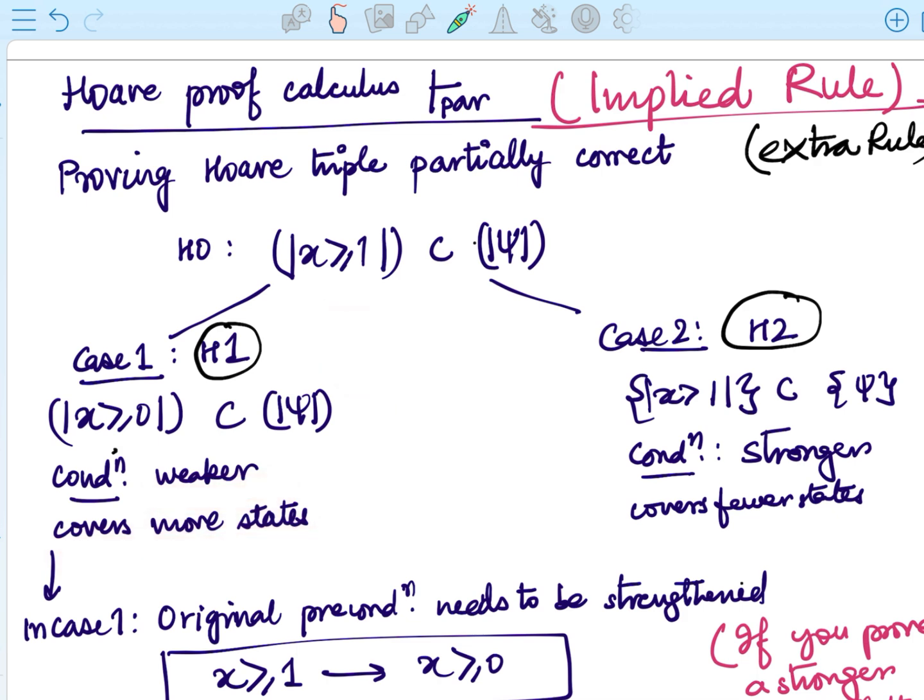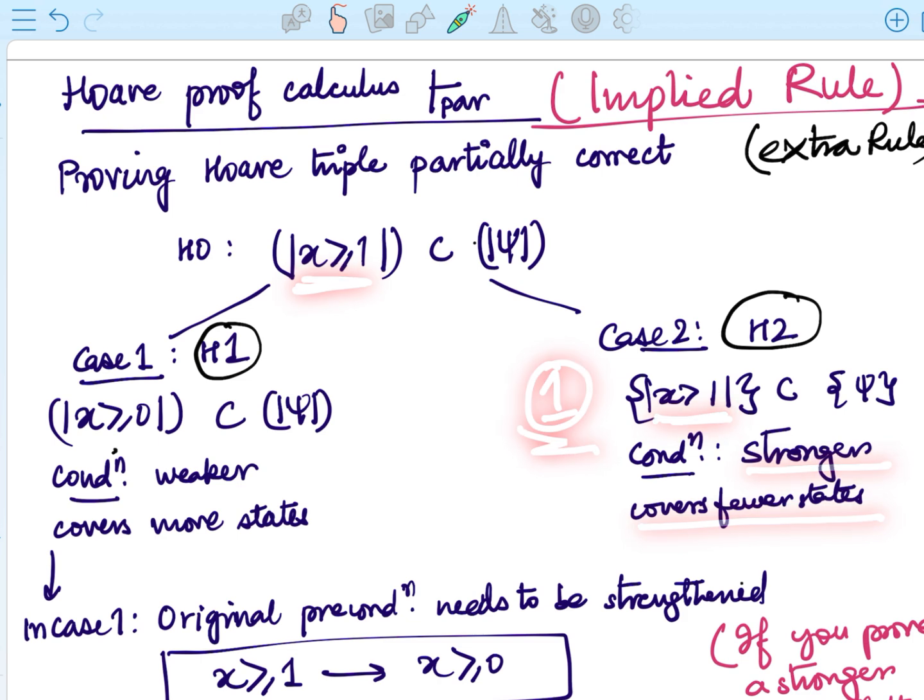Now when we talk about Hoare triple 2, here we are missing one state, right? Which state are we missing? 1. Because this is x greater than or equal to and this is x greater than 1. Now this is the stronger one, it covers fewer cases. It's holding fewer cases because 1 is excluded.